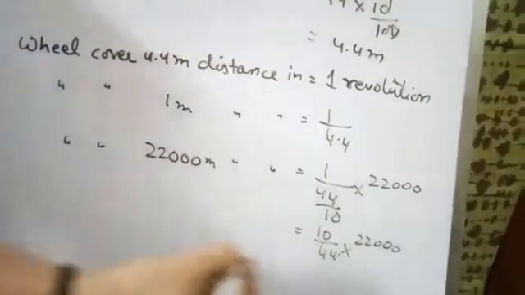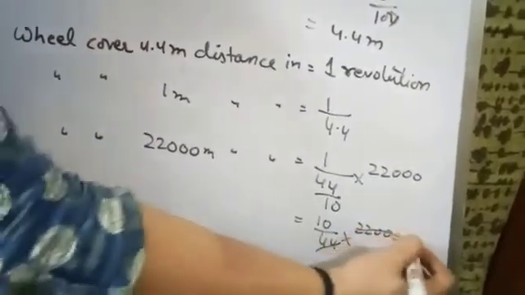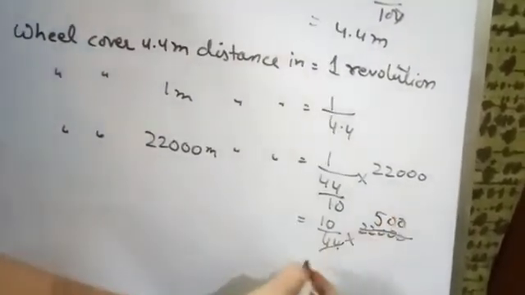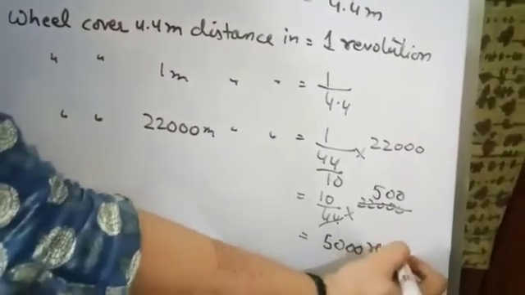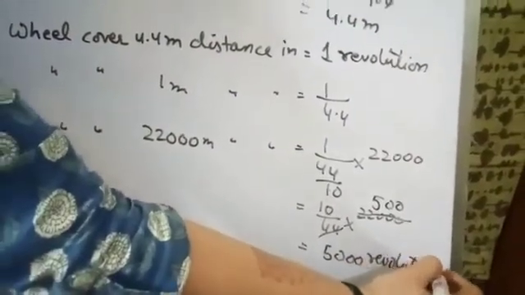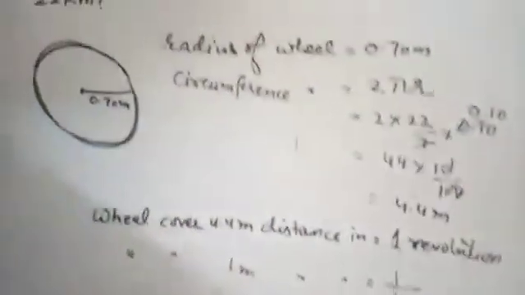If you want to directly cut it, 44 5s are 220. It will become 500 into 10. That is 5,000 revolutions. So in 5000 revolutions, this wheel covered the distance of 22 kilometer.